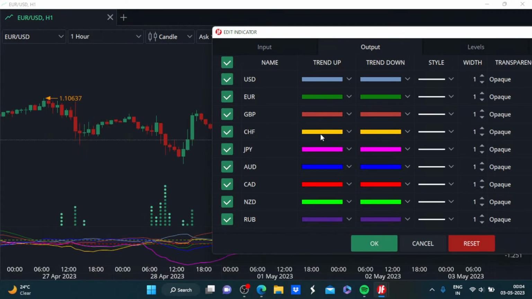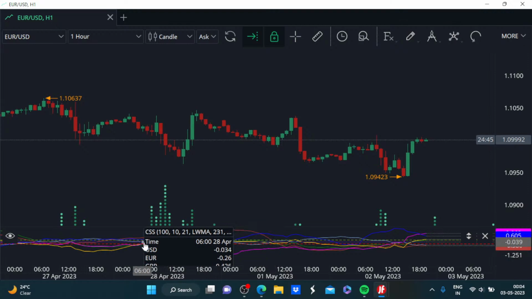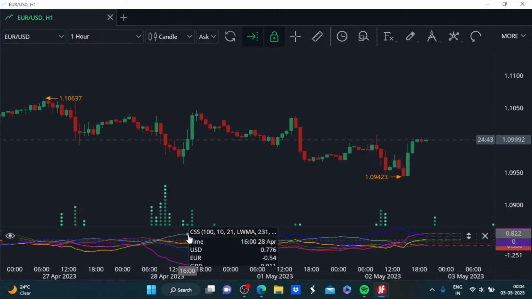The purple line is representative of the Japanese yen, and what this chart is telling us at this point in time is that the Japanese yen is the most bearish currency, and it is trending downward against all the other currencies.